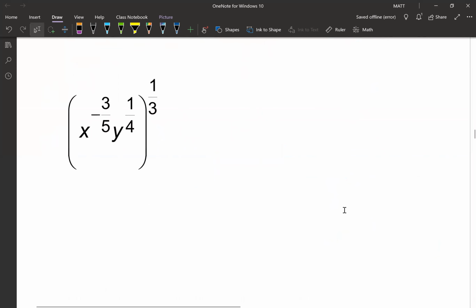Okay, so let's try a few more examples here. This one's going to be very similar to the last one. We're just distributing it to both of them. Once we're raising a power to another power, we multiply them. So this is equal to x to the negative 3 over 5 multiplied by 1/3, and then y to the 1/4 power multiplied by 1/3.